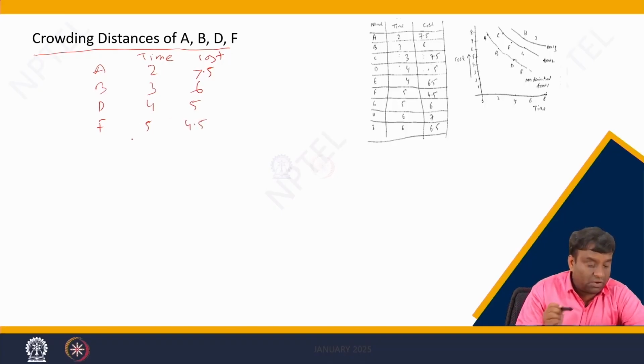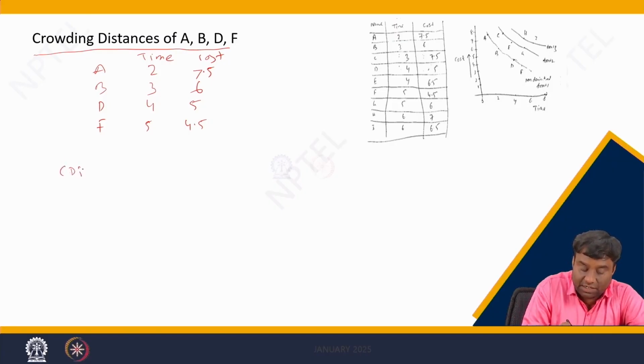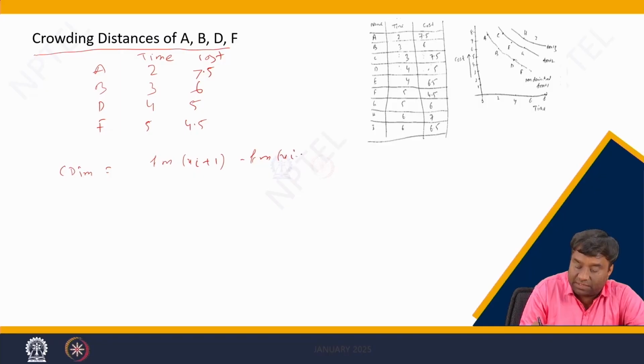Okay, so the crowd distance formula, as we have seen earlier, is CDIM equals FM of x(i+1) minus FM of x(i-1), divided by FM maximum value minus FM minimum value, and we need to add after that.